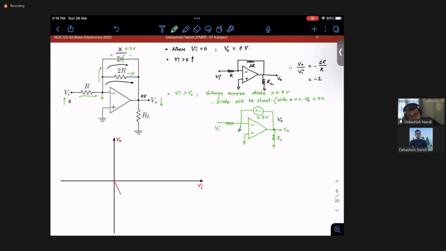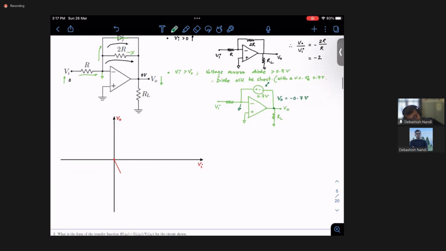Your V out will be minus 0.7 volt, irrespective of anything that is happening there, because there is a voltage source across it. What is the definition of a voltage source? A voltage source does not care how much current is flowing through it, but it holds a constant potential difference between two nodes, right? So your V naught will always be minus 0.7 volt.